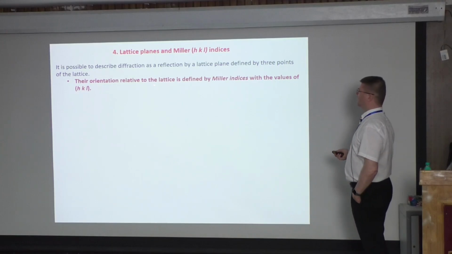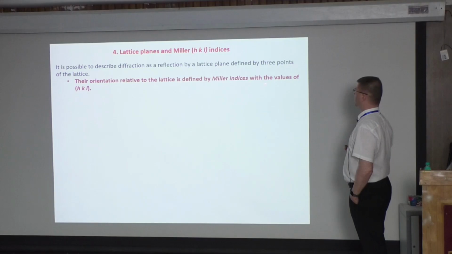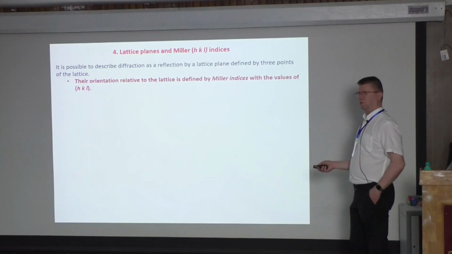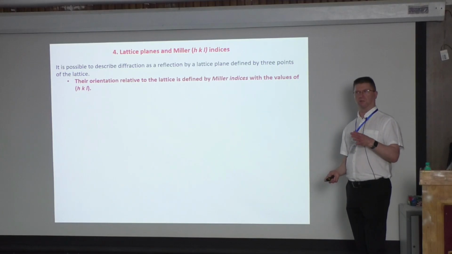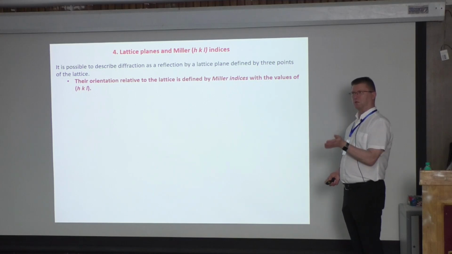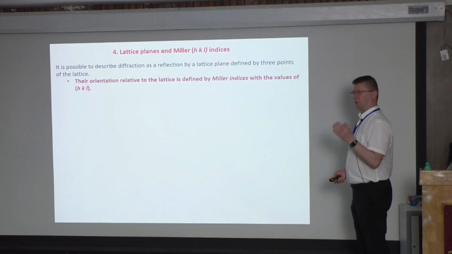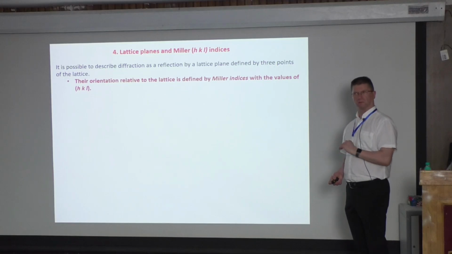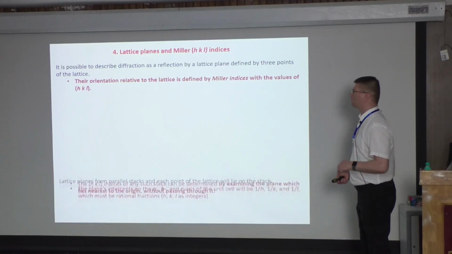The orientation relative to the lattice is defined by a Miller index with the value of HKL. So the HKL, a set of numbers, tells what plane it is. We can have these planes, and each plane has a name. So we can know that this plane is this one, this plane is this one, and so on. It will soon be relevant why we need this.